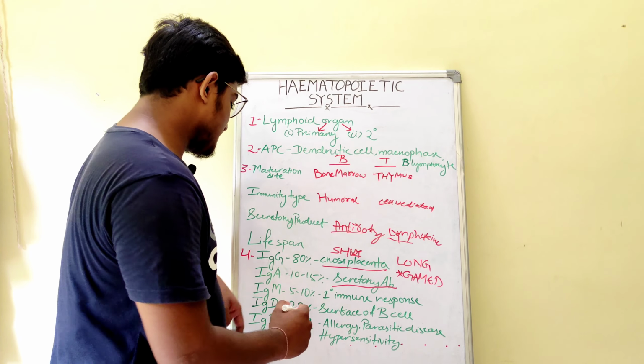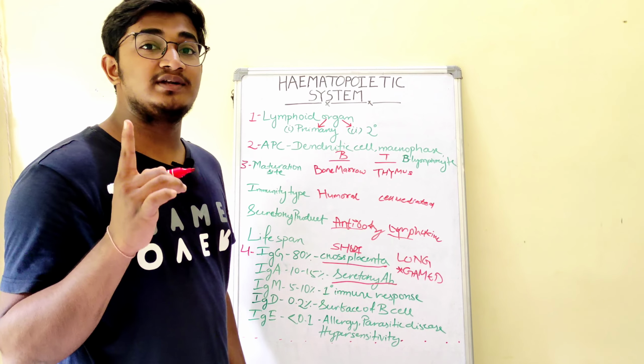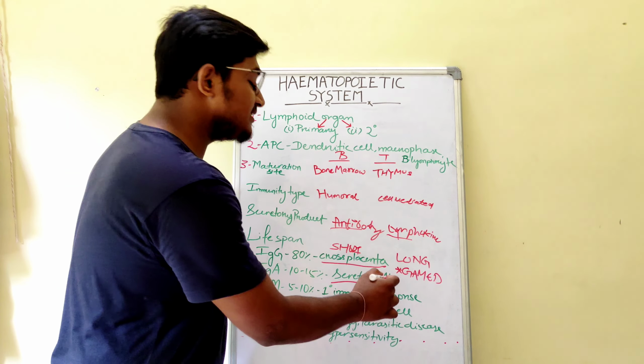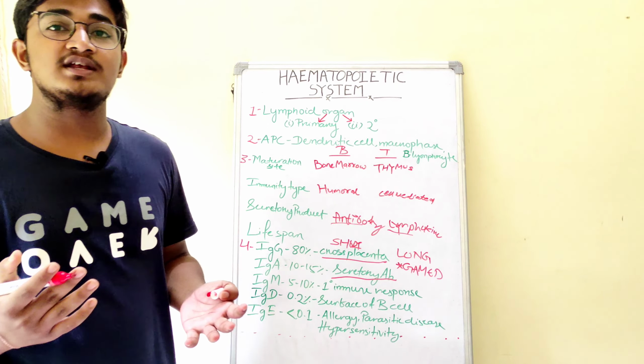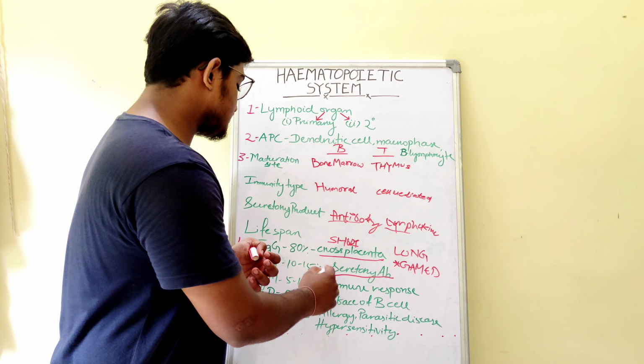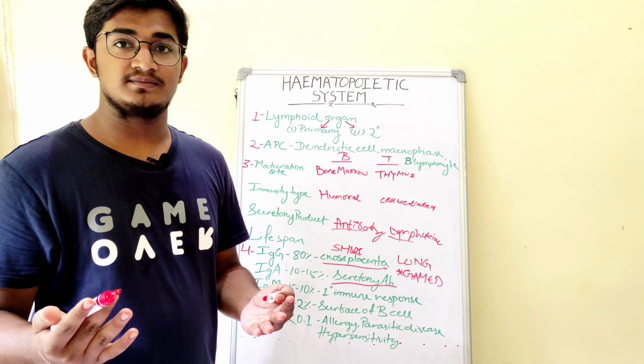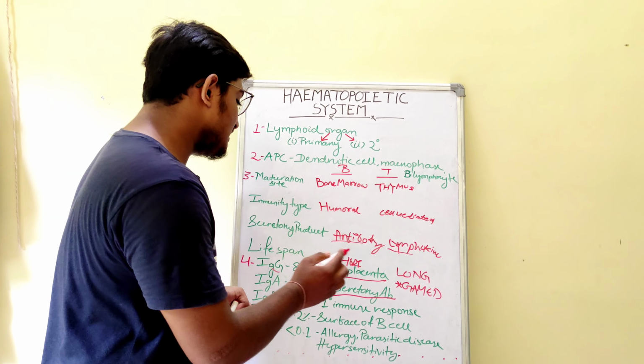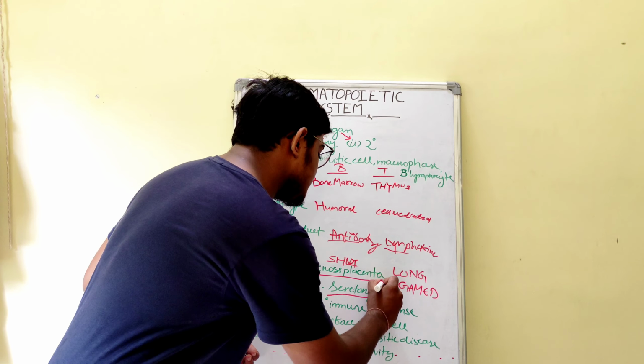Okay. IgM constitutes 5 to 10% and is the primary immune response. What do you mean by primary immune response? If some infection occurs, IgM is first produced, and IgG is the secondary immune response.